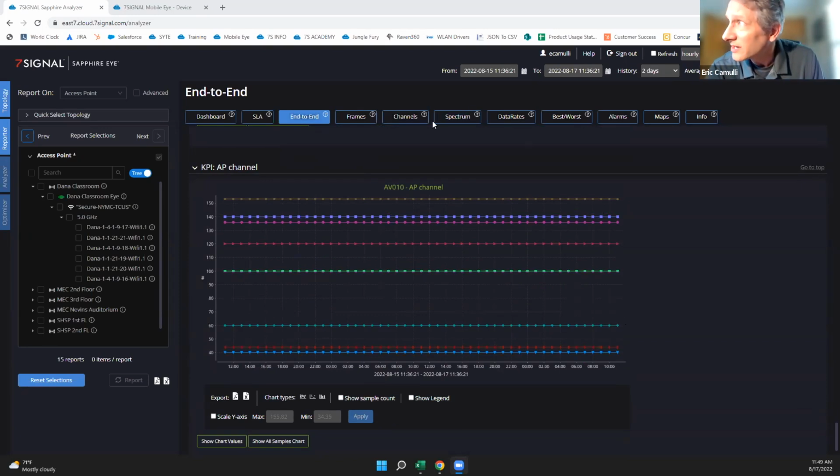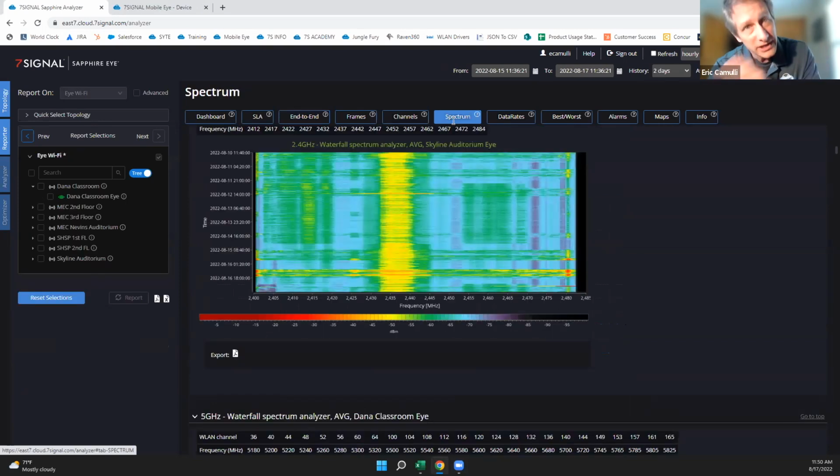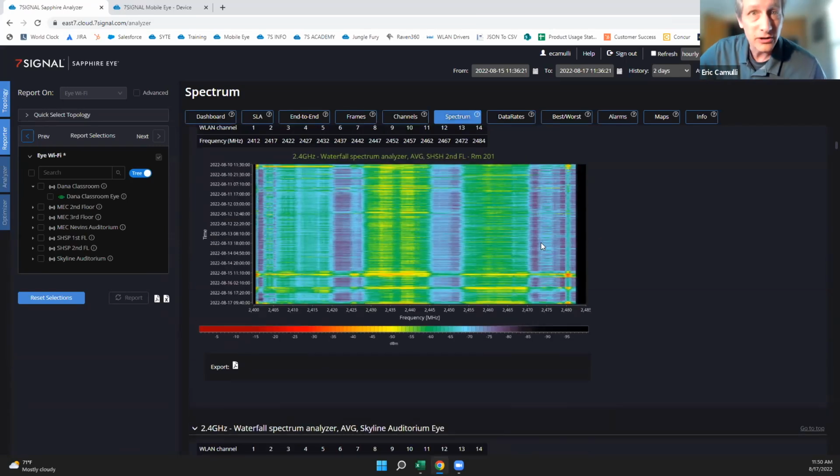All right, let me show you one more thing, guys. Remember, we can't see or hear Wi-Fi, but when we go into the 7 Signal system, we do have a spectrum analyzer, which attempts to help us see what's going on in the air. This is our 2.4 gigahertz spectrum analyzer. And this is a waterfall chart, and you can see channels 1, 6, and 11, with time on the y-axis.